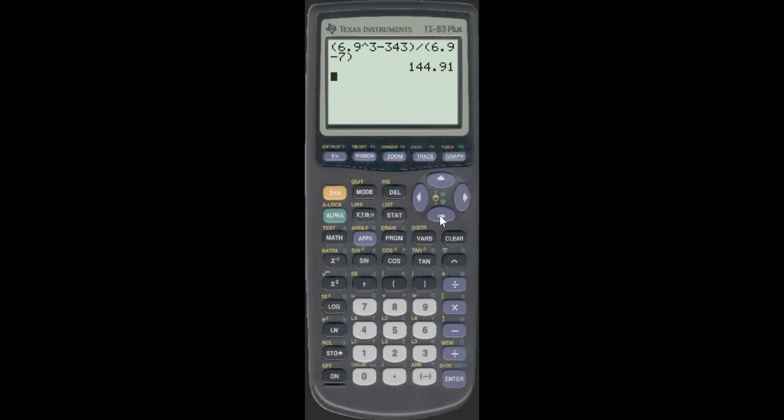All right. So that's the first box. 144.91. The problem is that you have to remember to put parentheses in, of course. That's kind of important here.